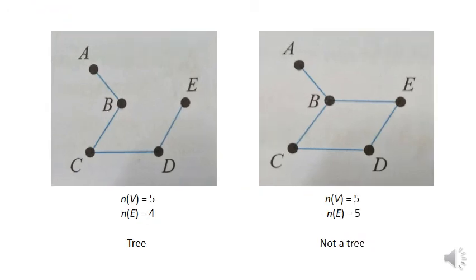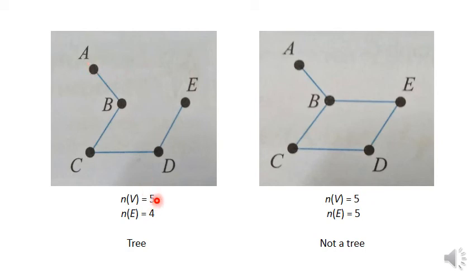Next example, look at the first graph. This graph is a tree because the difference between the number of vertices and the number of edges is 1. Look at the first one. Number of vertices. How to count?